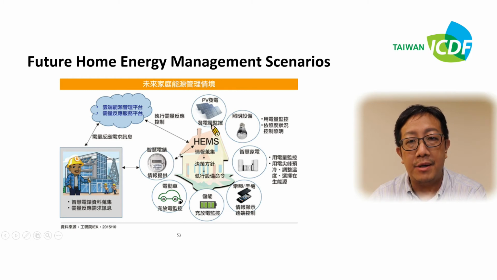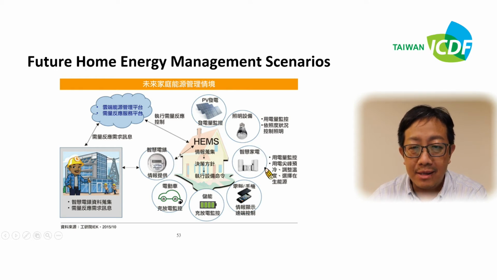We monitor the power generation, the lighting, the intelligent appliances, the computer and the mobile phone, the storage, and the electric vehicle. And of course, the EnMS communicates with the power operators via the AMI.